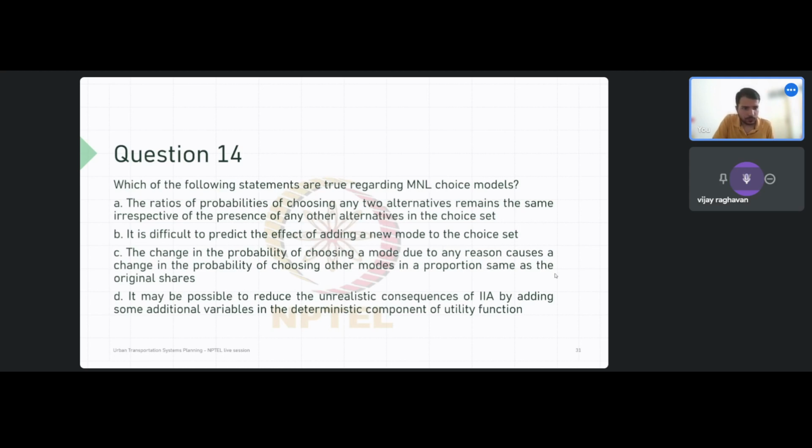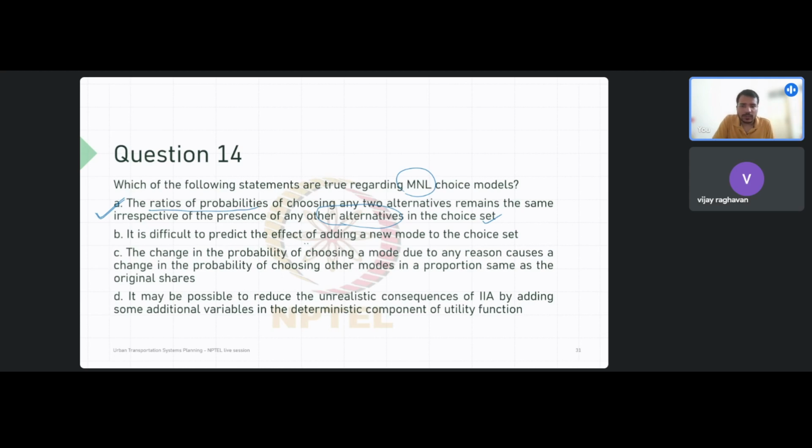First option: the ratio of probabilities of choosing any two alternatives remains the same irrespective of the presence of any other alternatives in the choice set. So yeah, this is true, because even if we add another mode in multinomial choice, it will not cause a difference, because we are adding it to the same set. It will not cause a difference in the ratio of probability. So here we are saying ratio, not the probability, ratio of probability. So the ratio remains the same.